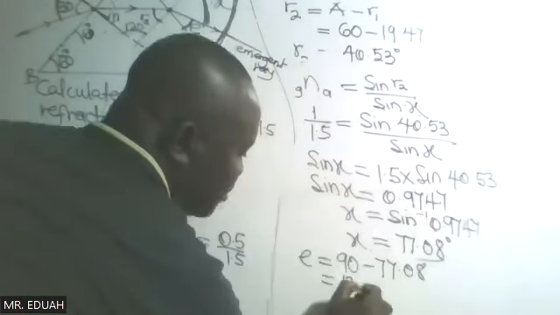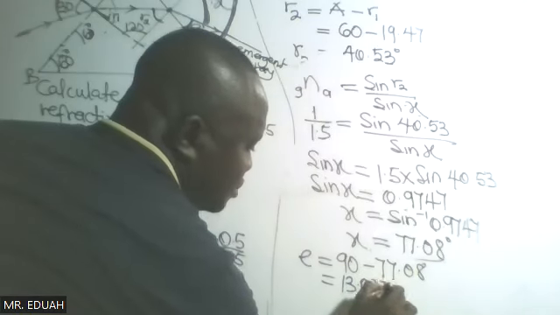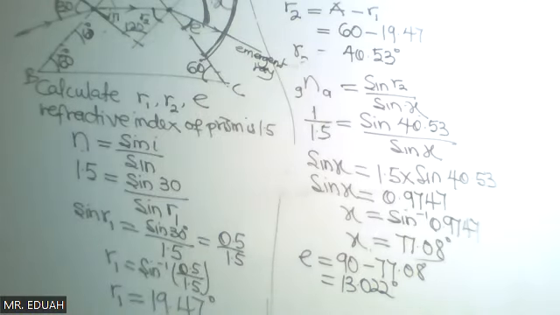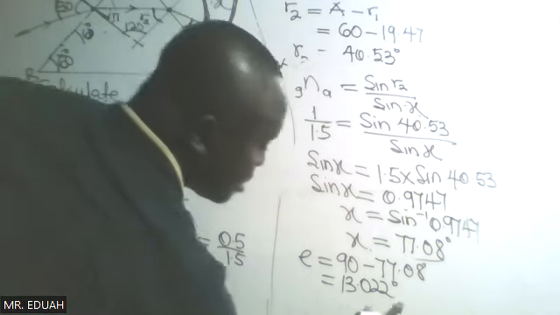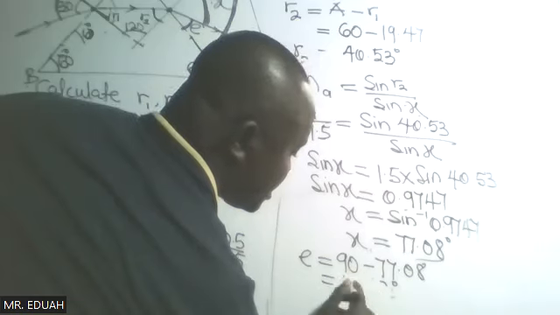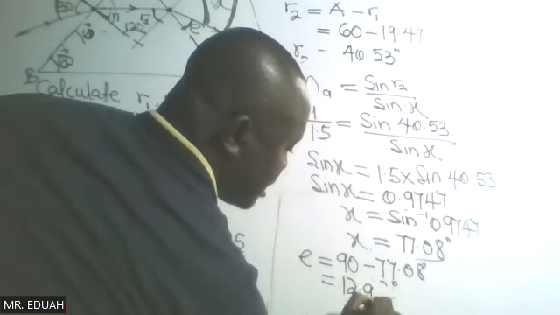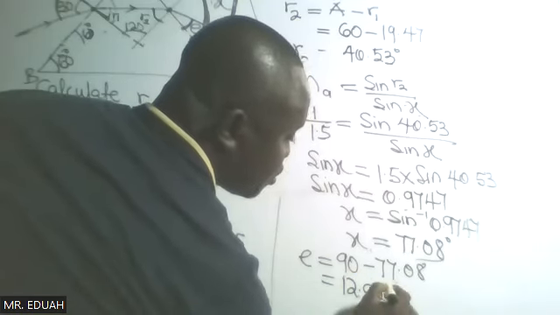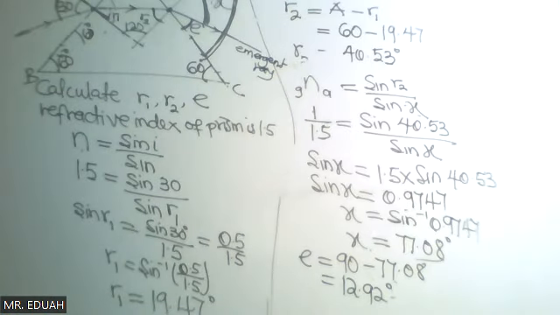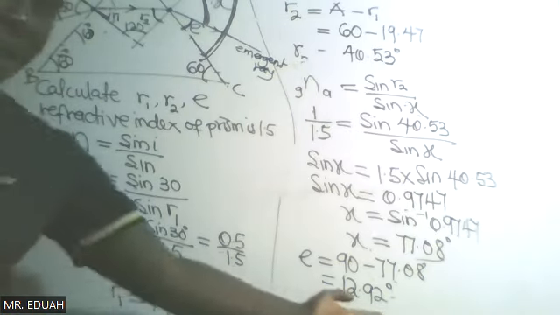Mr. J, it's 12.9. Okay, so approximately, it's close to 13, you can approximate it to 13. And that's it.